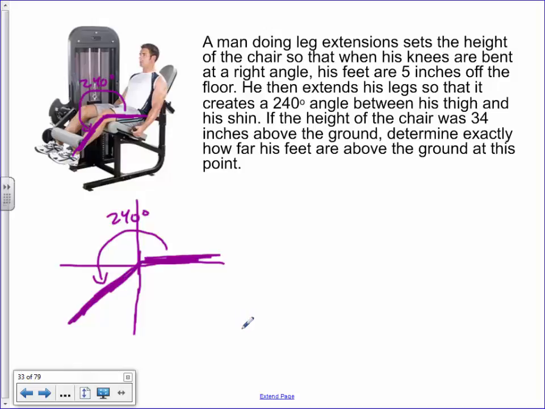Okay, I need to read a couple more things here. It says the height of the chair is 34 inches above the ground. What does that mean? Well, it means that this height right here is 34 inches.